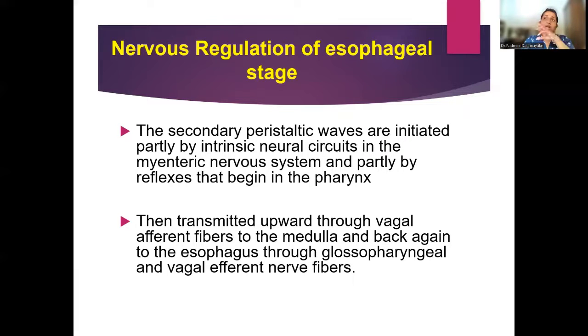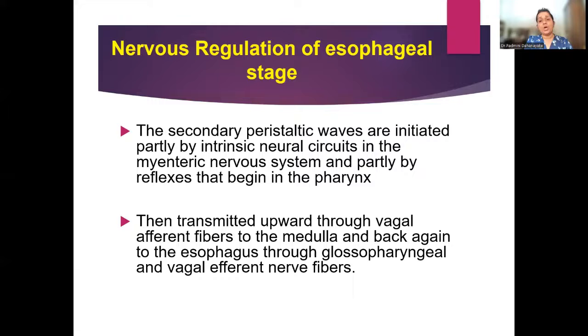You know, there are 2 types of local nervous plexuses within the smooth muscle of the GI tract. What are those? Yes, the myenteric plexus and another one. Those 2 nervous plexuses are very important to control the movements as well as the secretions of the gastrointestinal tract.